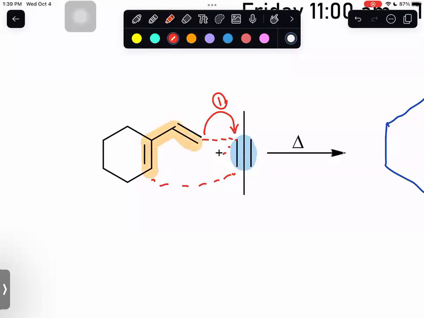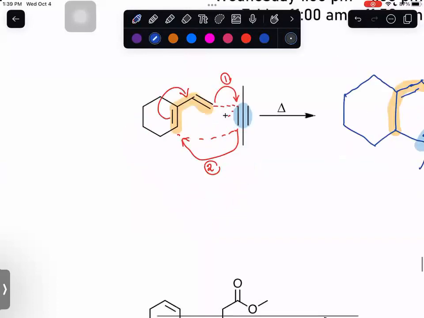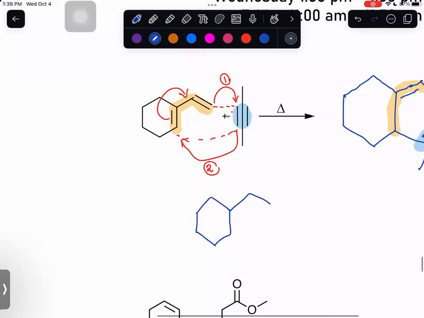And let me highlight the dienophile portion and the diene portion. Now, next arrow is from the dienophile to the diene. This is my second arrow. That's my second connection. And then I shift the double bond over here. So I'm gonna start drawing this guy. I know that I'm gonna have a double bond in here.